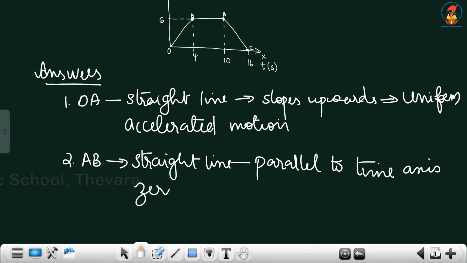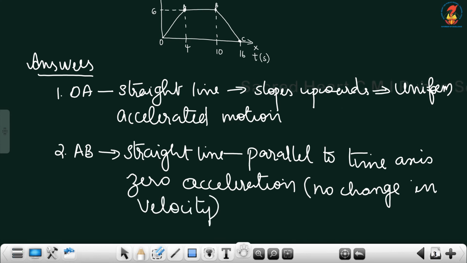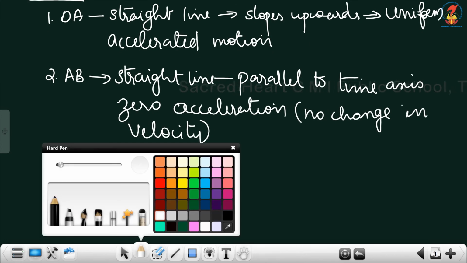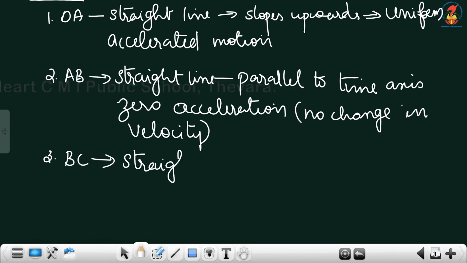So, 0 acceleration or no change in velocity. Then third one, BC straight line, slopes downwards.